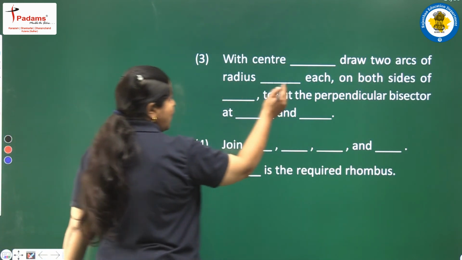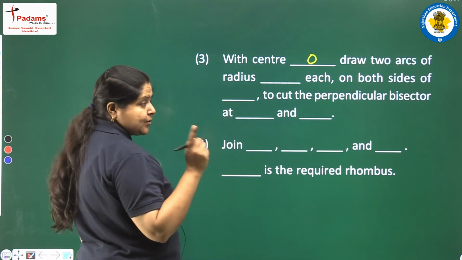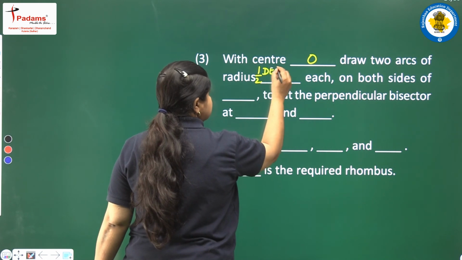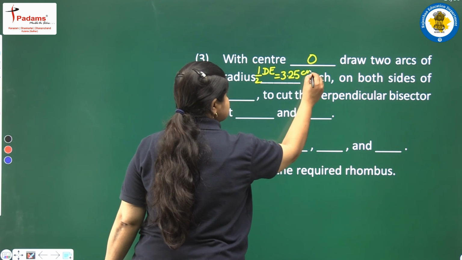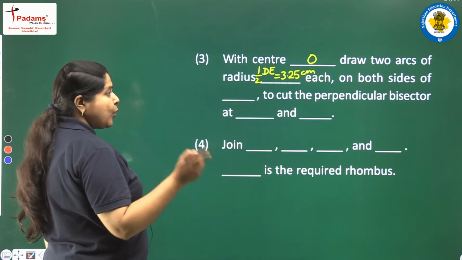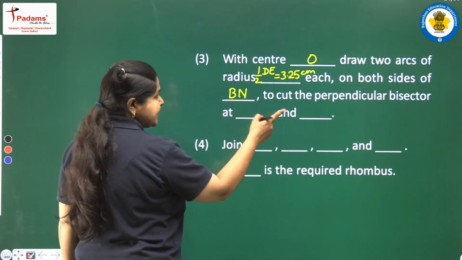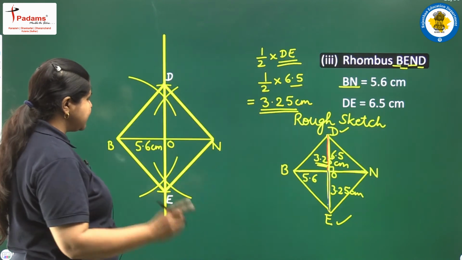With center O, draw 2 arcs of radius half of DE, which is equal to 3.25 centimeter each on both sides of BN to cut the perpendicular bisector at points. Which 2 points were these?